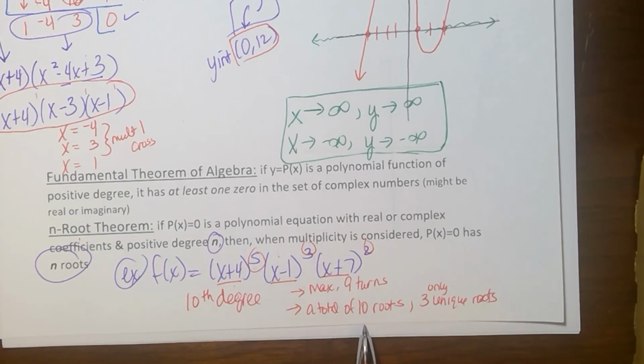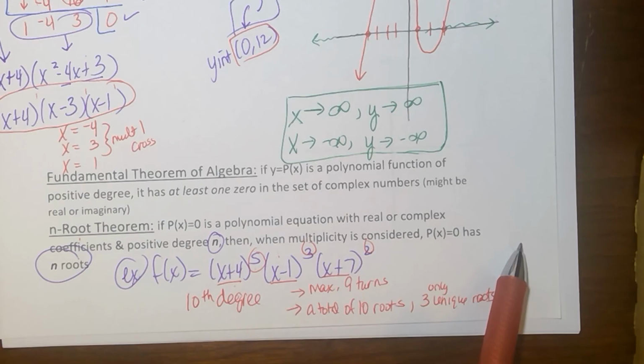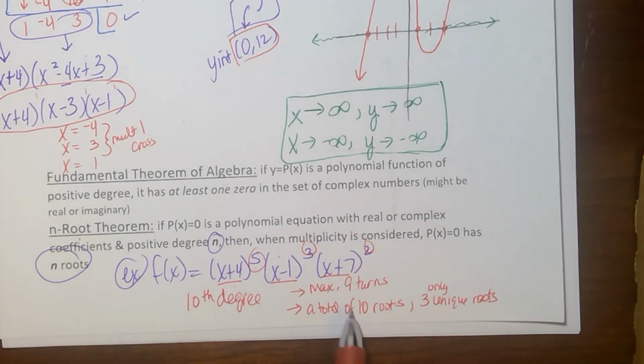So a total of 10 roots. If I were to write this out, I would have to write x plus 4 times x plus 4 times x plus 4 5 times, and then x minus 1 times x minus 1 times x minus 1, and then x plus 7 times x plus 7. That's how I would write it all the way out with 10 factors giving me 10 roots, but they're not all unique. I only have 3 different unique roots.